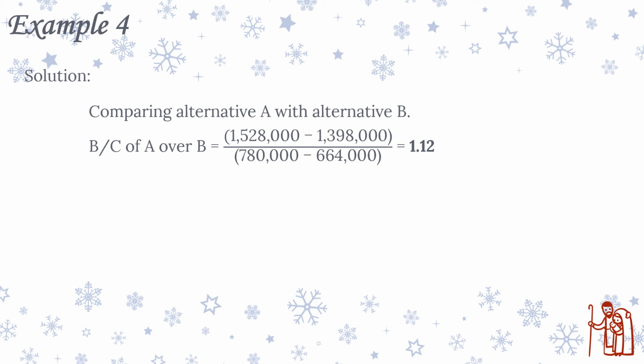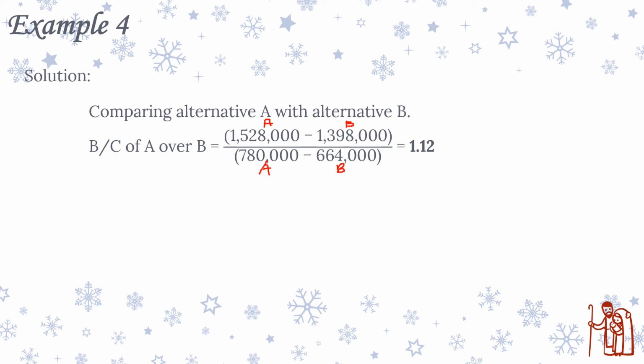But if you want to make it harder for yourself, you may, but you should convert either the benefit or the cost, since both are in annual. Okay? So, this is your alternative A benefit. This is your alternative B benefit. Okay, this is your alternative A cost, and this is your alternative B cost.